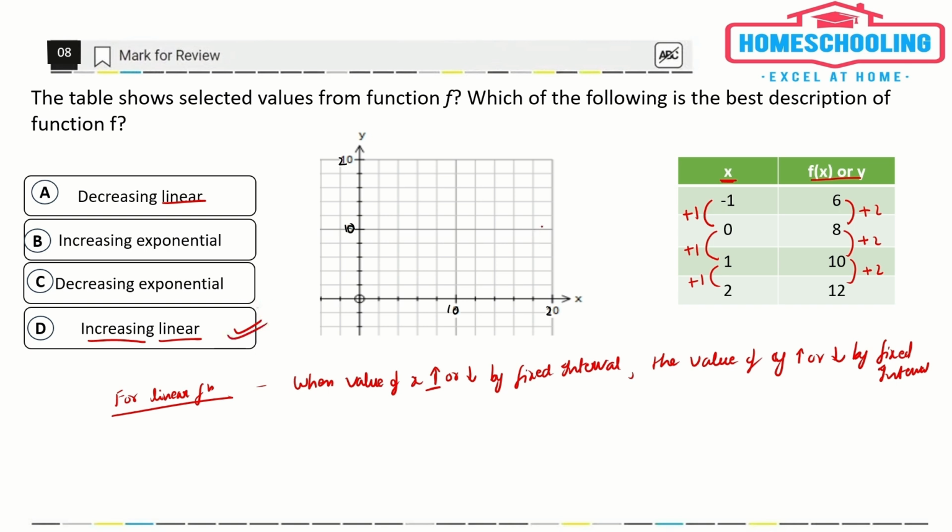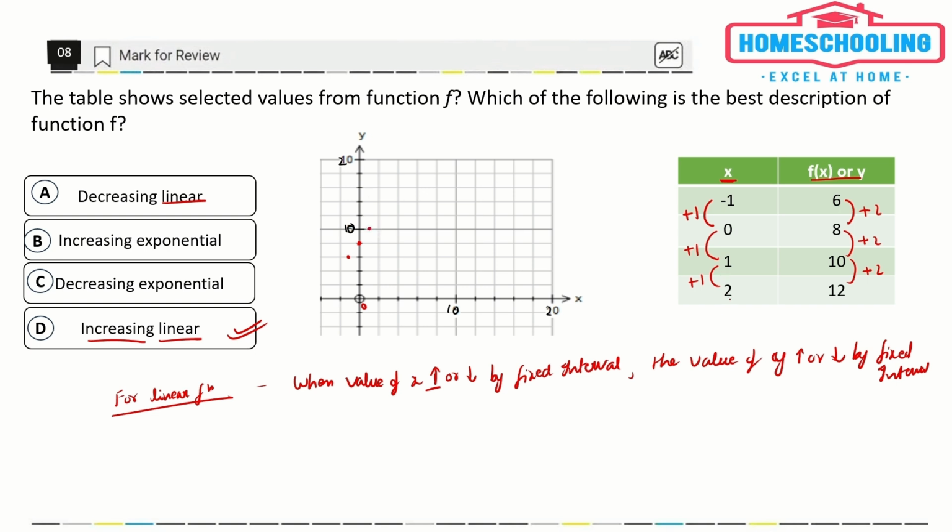Now we can also check that this is an increasing linear function by putting the values of x and y on the graph. When the value of x is -1, the value of y is 6. When x is equal to 0, y is 8. Similarly, when x is equal to 1, y is 10.